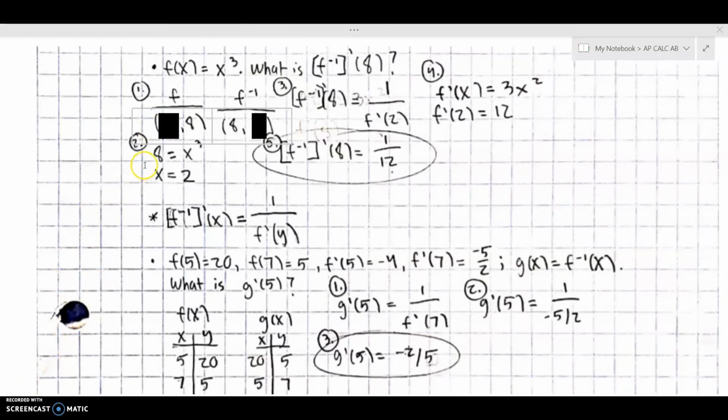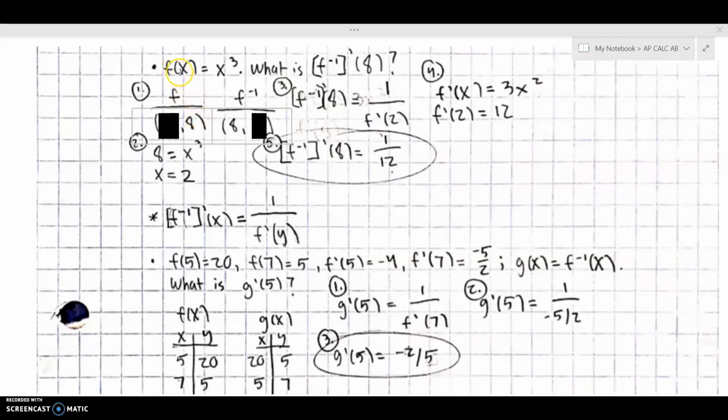So for step 2, let's first look at the original function. If you remember all the way back to early algebra, you'll remember that we used to call this y. I mean, f of x and y are interchangeable, essentially. So we actually have the y value for this point.